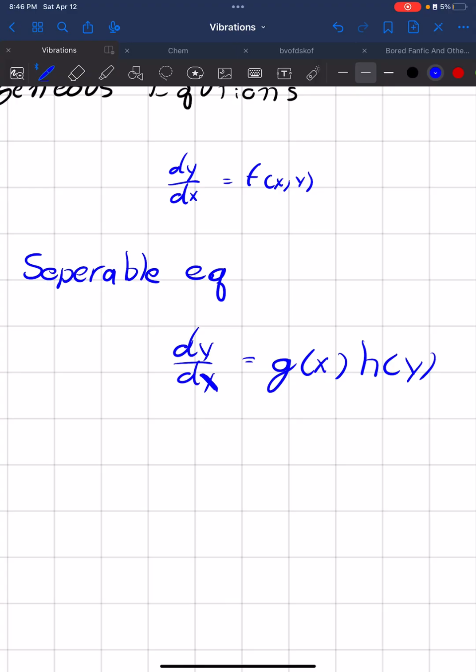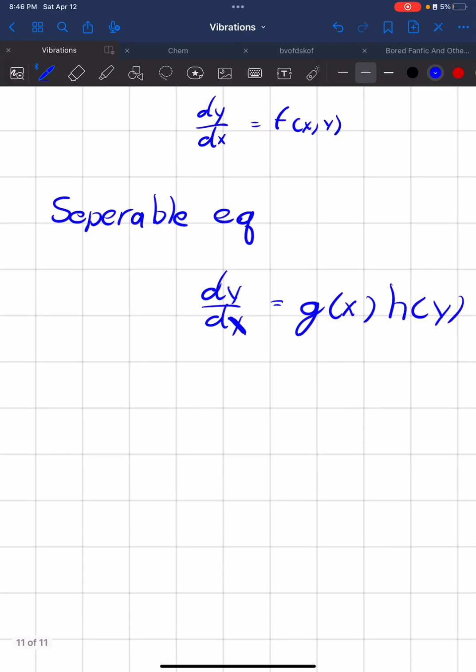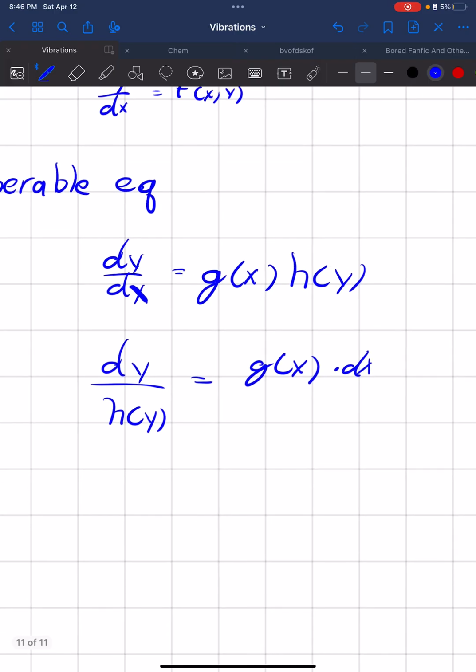So what we're going to do to solve this as an analytical solution is we're just going to integrate it. So I'm going to split this off. Times dx. Boom.